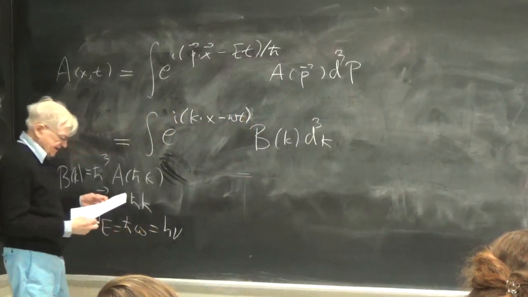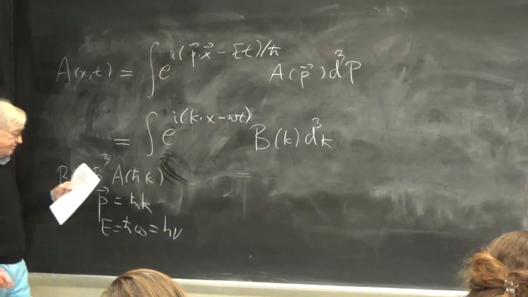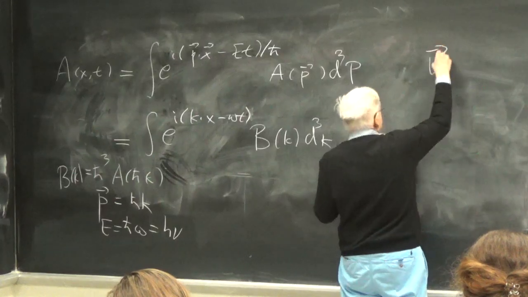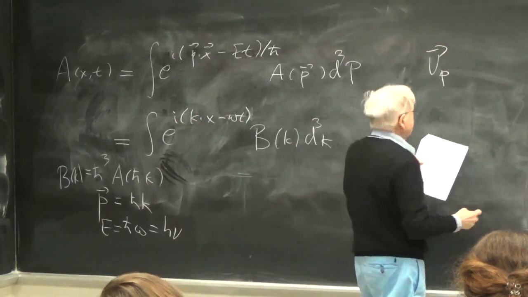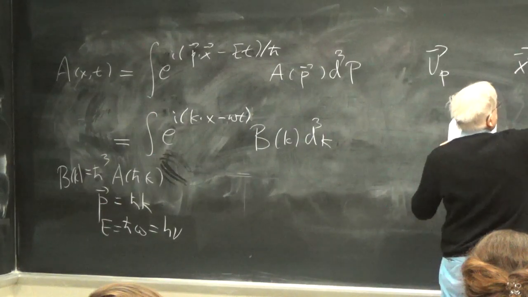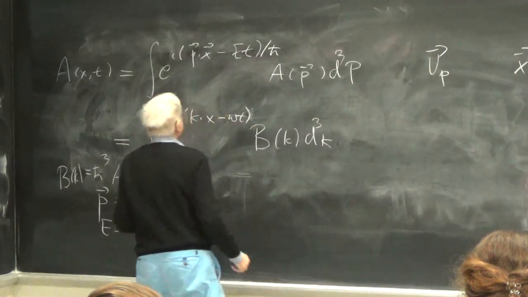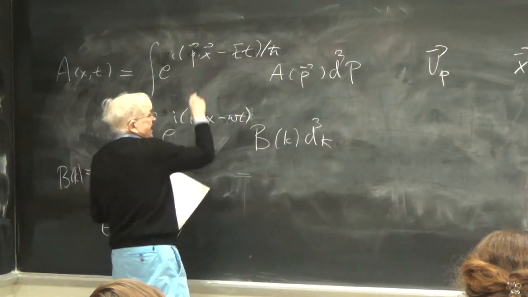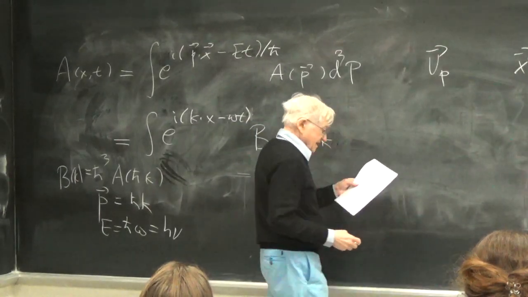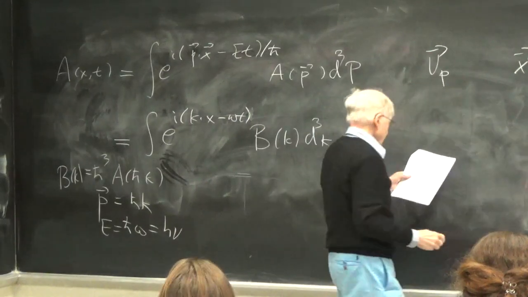So now let's just remember what it is that we mean by a phase velocity. A phase velocity is a linear relation x equals v phase times t that keeps the phase constant. And the phase is this or that. And so what we want is that the phase is constant as a function of time.